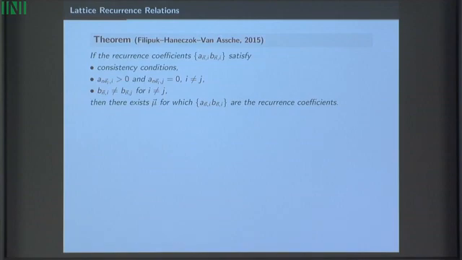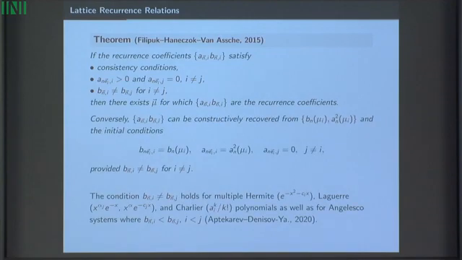And in fact, there's a not very complicated second part, which is essentially the converse, and it says the following. Take the measures of orthogonality for your multiple orthogonal polynomials and look at the coefficients from the three-term recurrence relations of each measure by themselves.